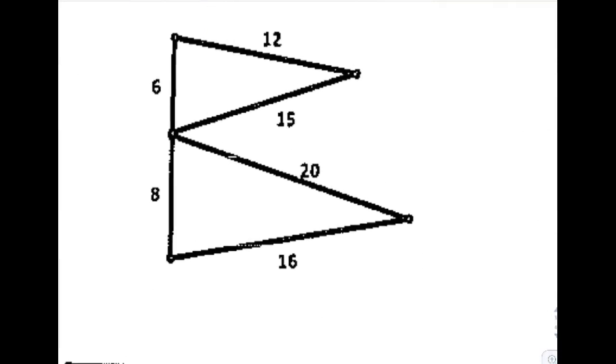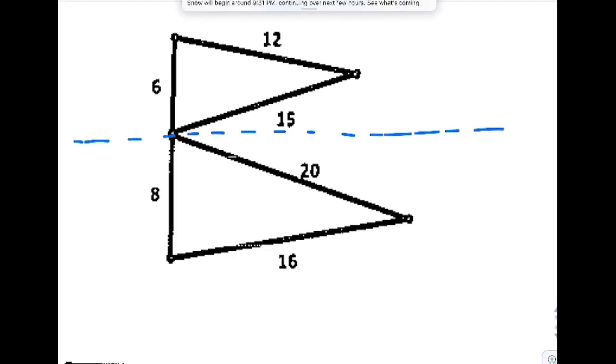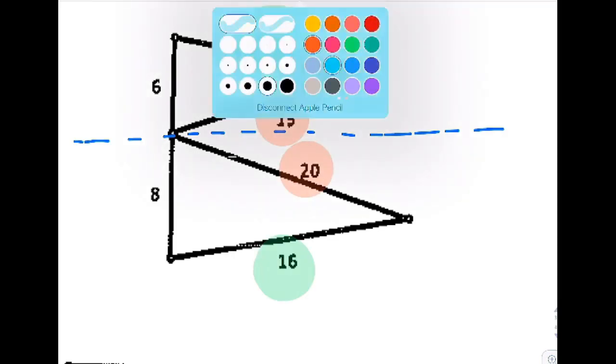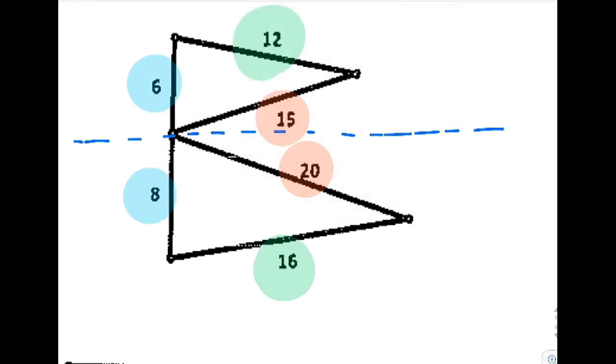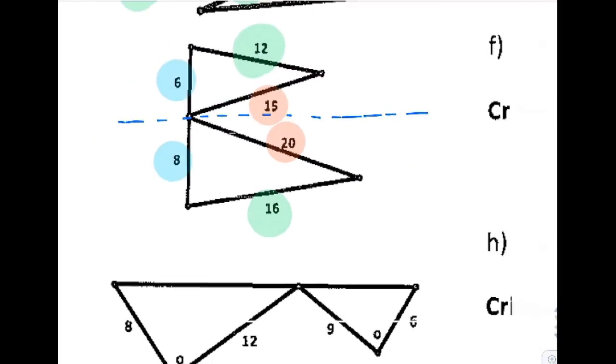This one only has one shot, and it could be side, side, side. We're just not sure yet. So it's a reflection, though. So 12 will go with 16, 15 will go with 20, and 6 will go with 8. So we have to test to see if these are all in the same proportion. Is 6 over 8 the same thing as 12 over 16?